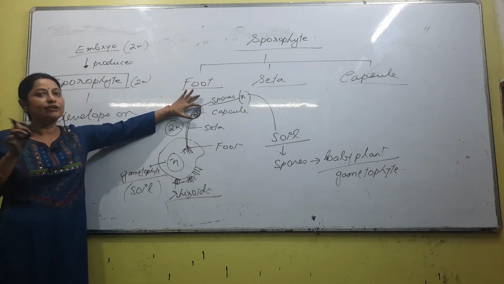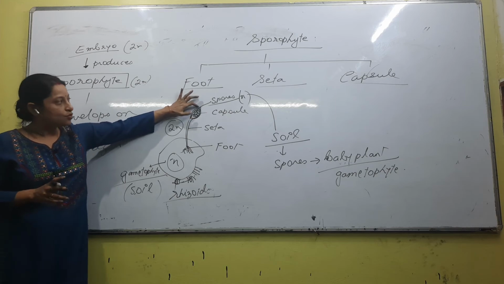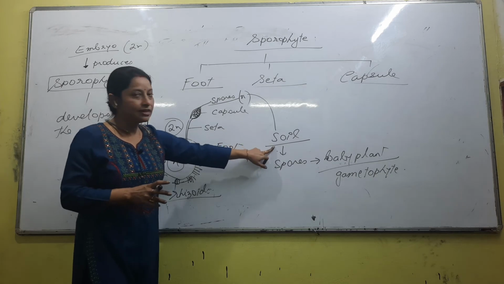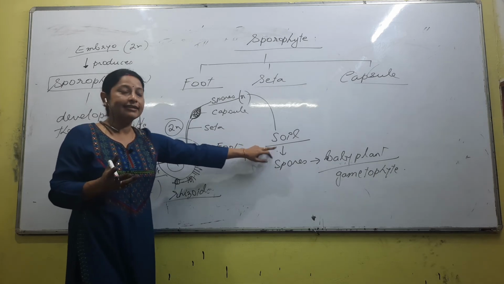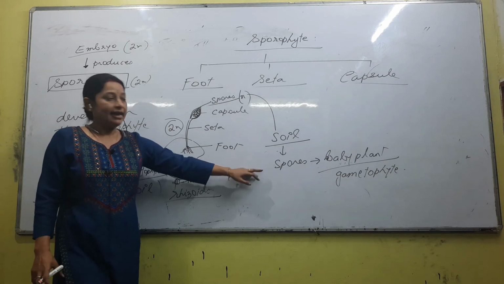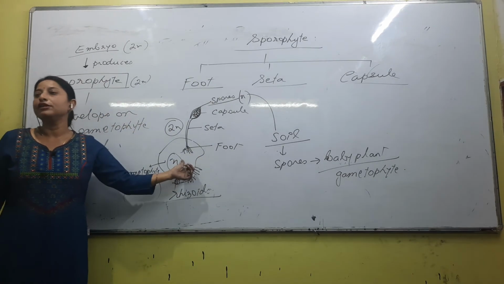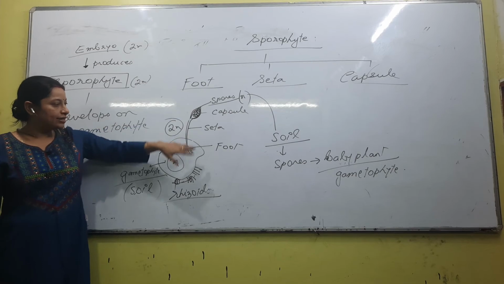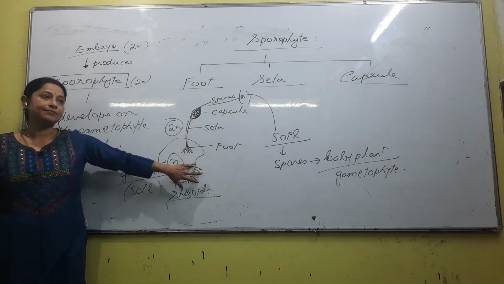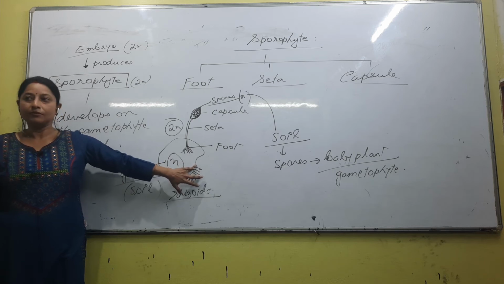These cells underwent which process? Meiosis. Produces what? Haploid spores. These spores got dispersed, fell on the ground, and produced a new plant. That new plant is a gametophyte, which is the original plant body. So we can call this its offspring, but we cannot call the sporophyte its offspring. Why not? Because the ploidy itself is different. Is it clear?